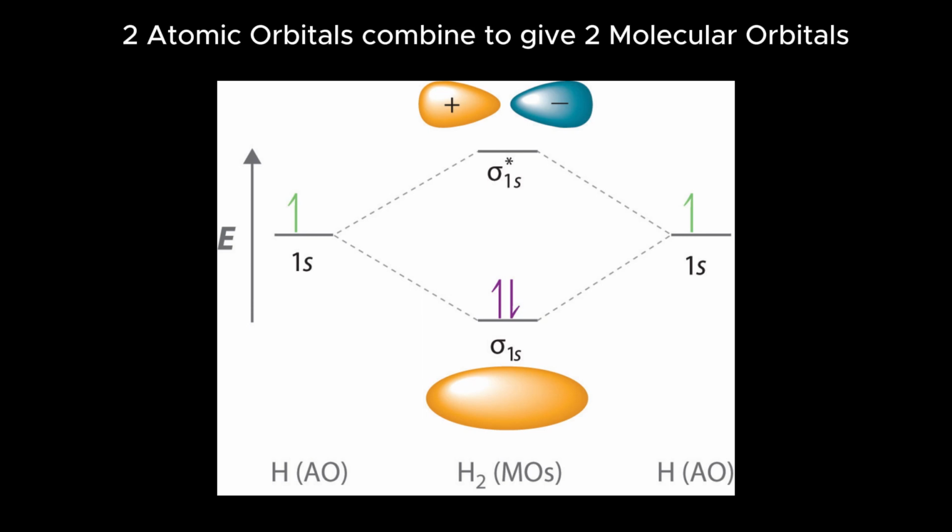We know that when two atomic orbitals combine, two molecular orbitals will be generated, one lower energy bonding orbital, and one higher energy anti-bonding orbital. Thus, as more and more covalent bonds form, more molecular orbitals will be generated to house all of these electrons.